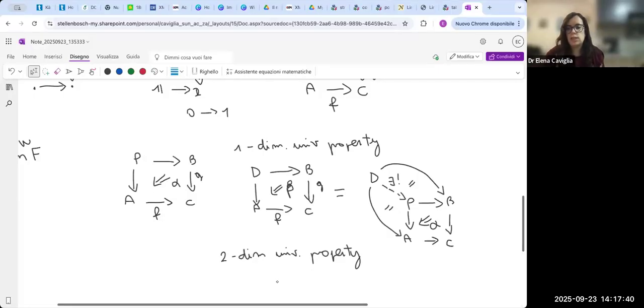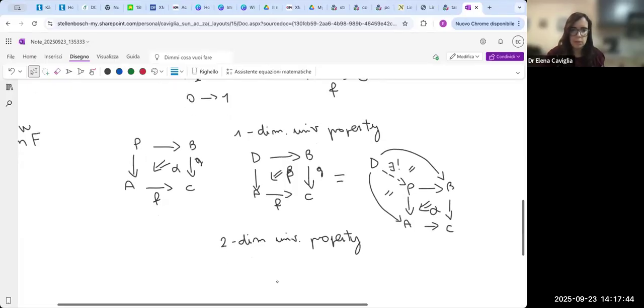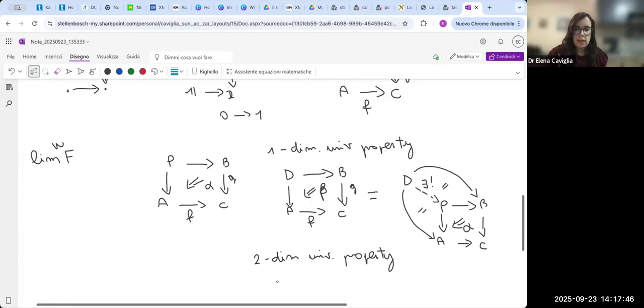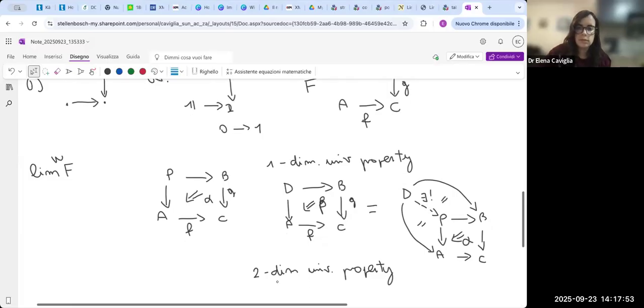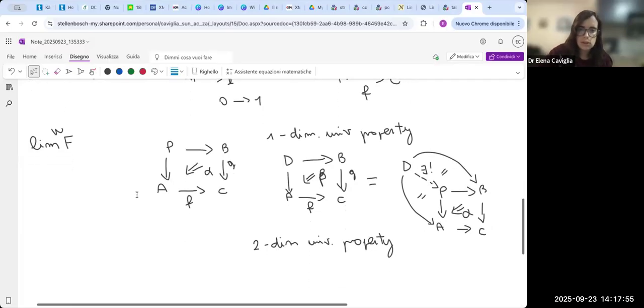Okay, so we're not going to see it in detail, but trust me, there is a two-dimensional universal property. And so this is how we replace the pullback in 2-categories. So it's not anymore a commutative square, but we have a 2 cell inside.